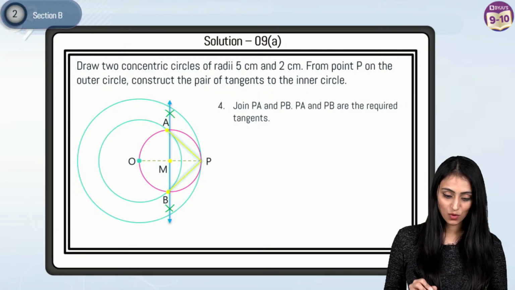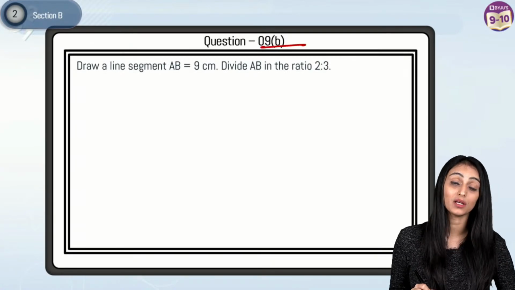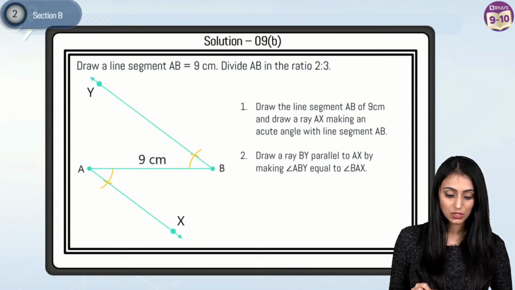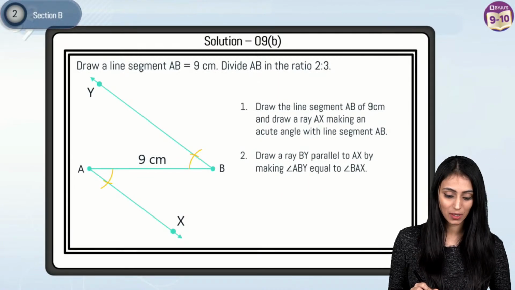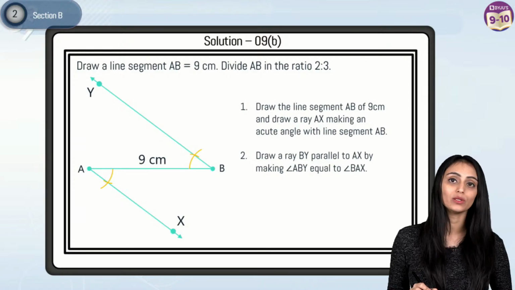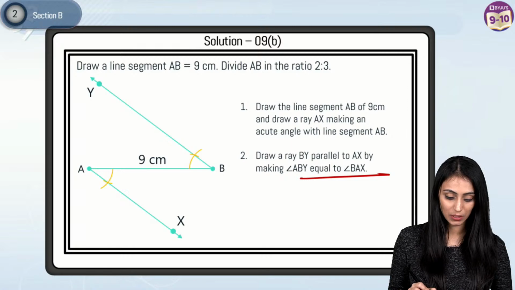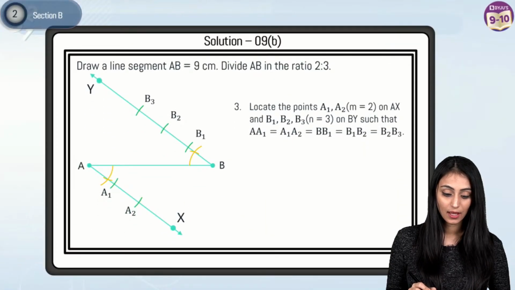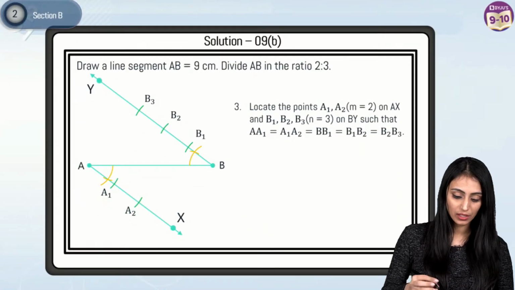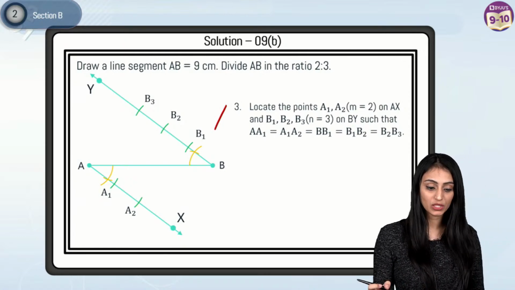All right. Let's move ahead. Let's quickly take a look at question number 9, part B. Draw line segment AB 9 centimeter, divide AB in the ratio 2:3. So this is the line segment AB 9 centimeter, right? And we have drawn a ray AX making an acute angle with this line segment AB and ray BY making an acute angle with this AB, right? And then we put 3 arcs over here, all of them have to be equal: B1, B1, B2, B2, B3.